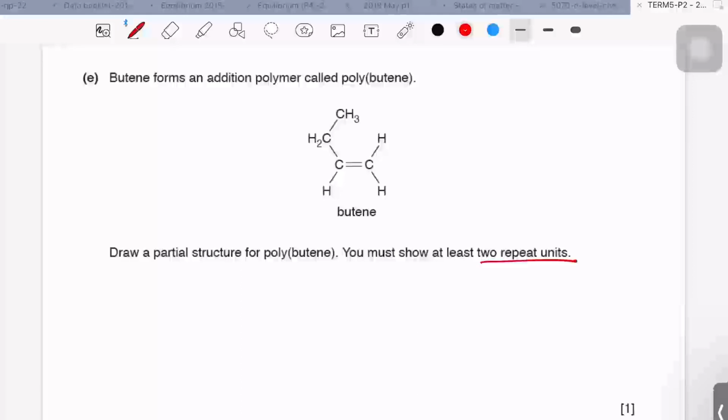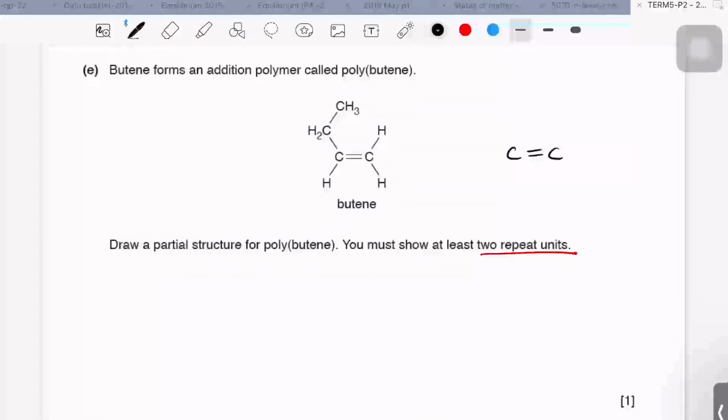In a weird way they have given it, but you can use the same method. Right, anyway, butane also can be drawn like this now. We can also draw butane this way. CH2, CH3. Same molecule. CH2, CH3.